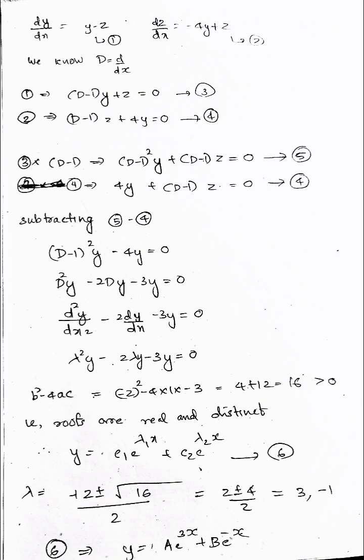Here a and b are the constants. Here c1 and c2 are rewritten as a and b. So z is equal to y minus dy by dx, that is equal to a e raised to 3x plus b e raised to minus x minus 3a e raised to 3x plus b e raised to minus x, that is equal to minus 2a e raised to 3x plus 2b e raised to minus x. So the answer is option A.